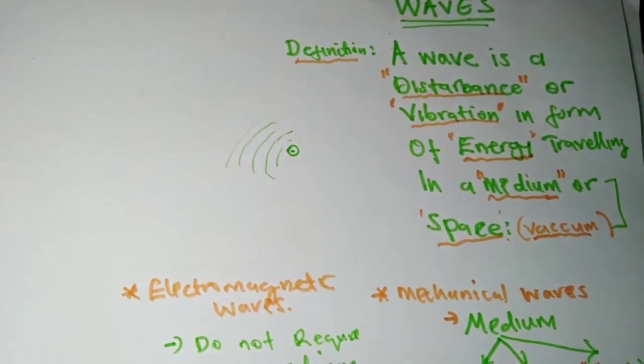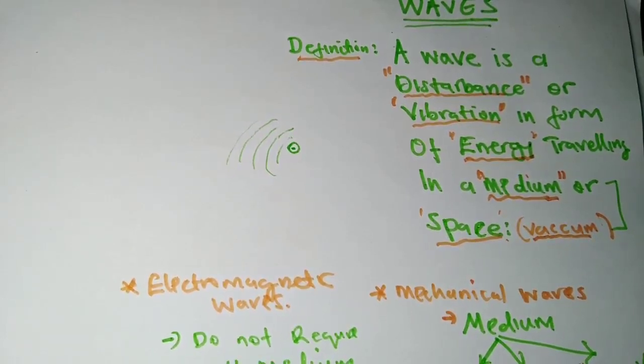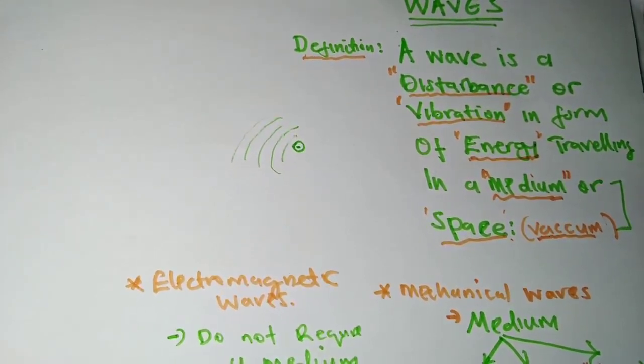So it is a disturbance. You would usually find the particles in their rest position. They all start up in their rest position, or what we call equilibrium, and we'll show you that in a bit.